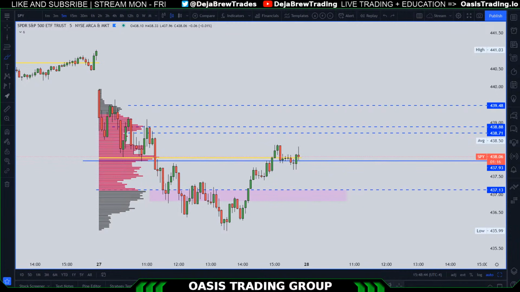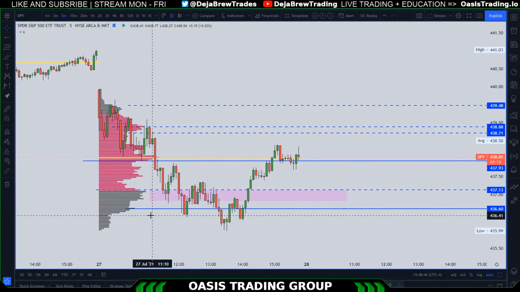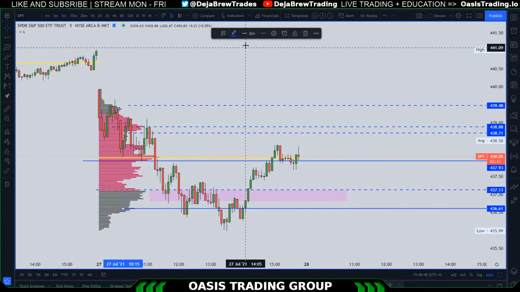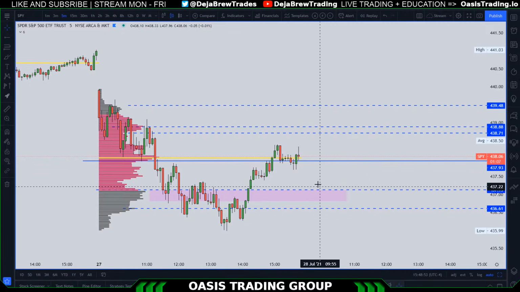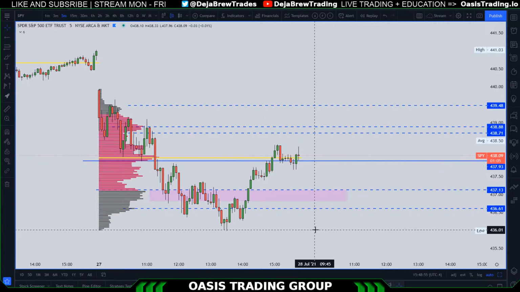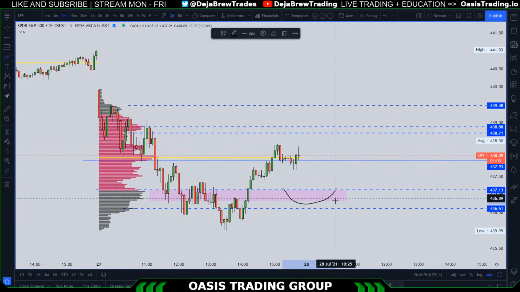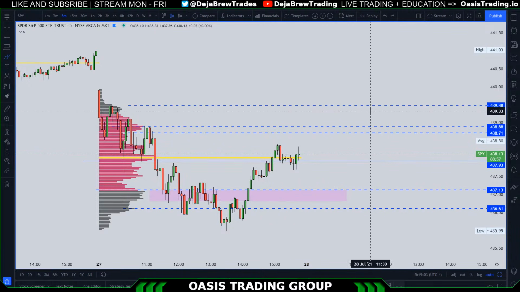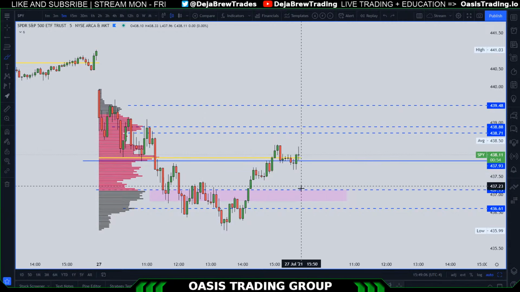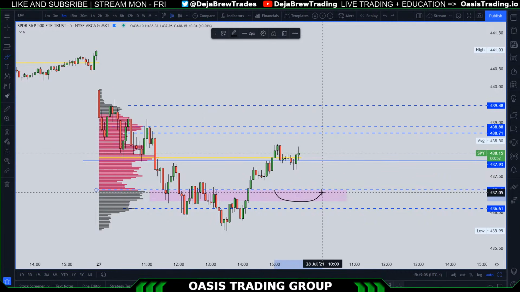So if you want to draw these out, you can just kind of draw a level there. And then you can draw like a little zone there for the node. So if you were looking to buy the lows, that's where you'd be looking to buy. You'd be looking to buy either this area here or this level here. So these are two kind of different strategies because this one is directly below the value area low.